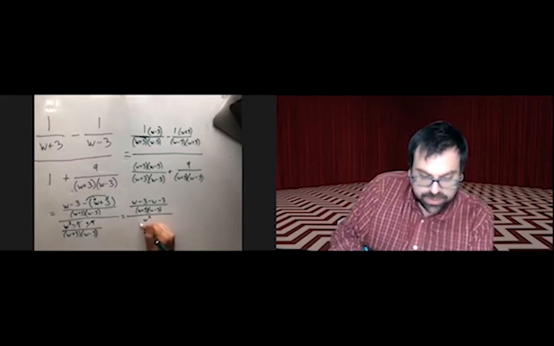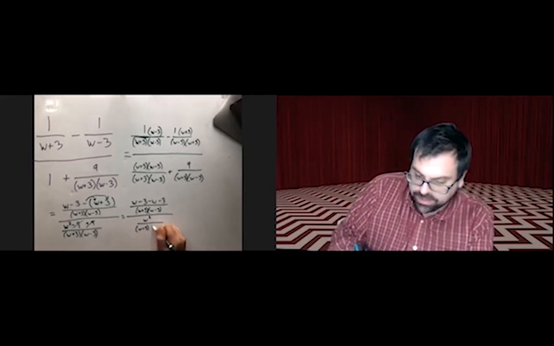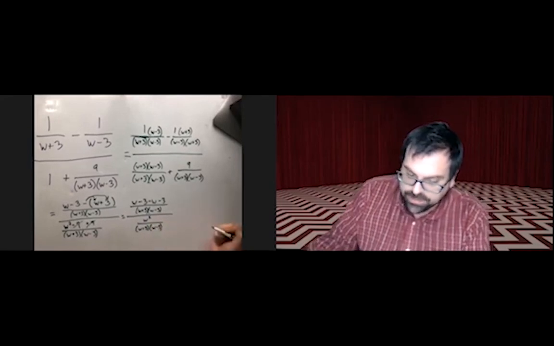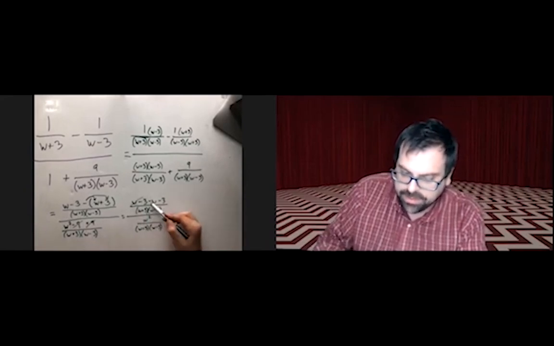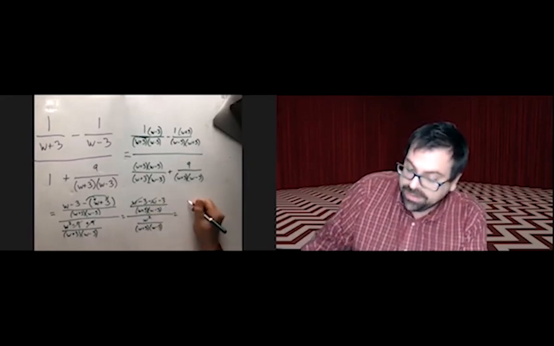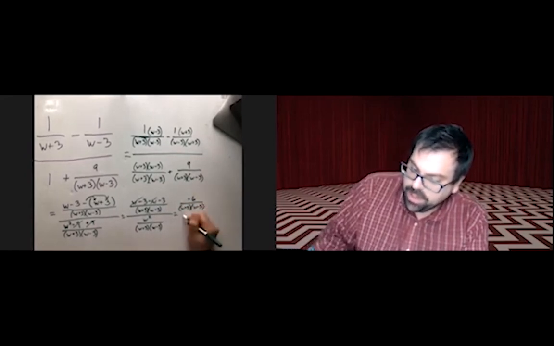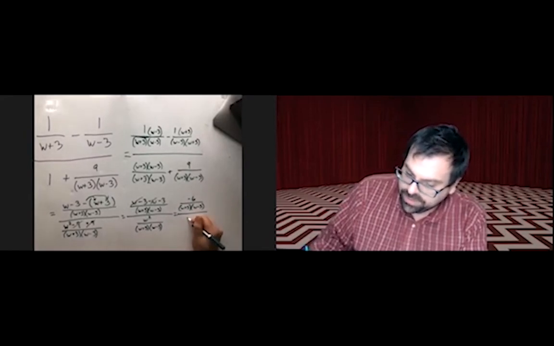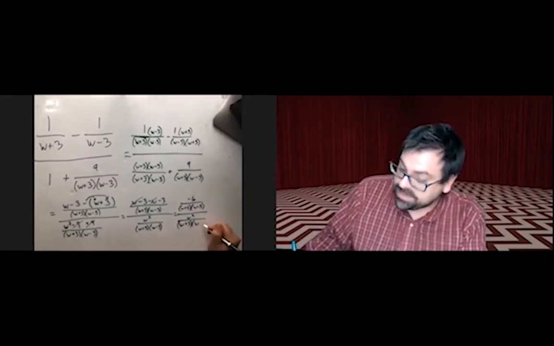That's just w squared over w plus 3 times w minus 3. And here, w minus w. This simplifies to negative 6 over w plus 3 times w minus 3 all over w squared over w plus 3 times w minus 3.